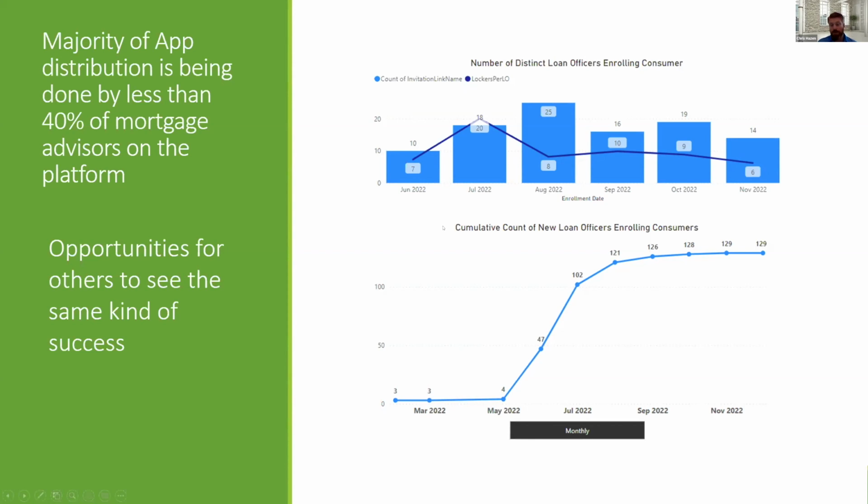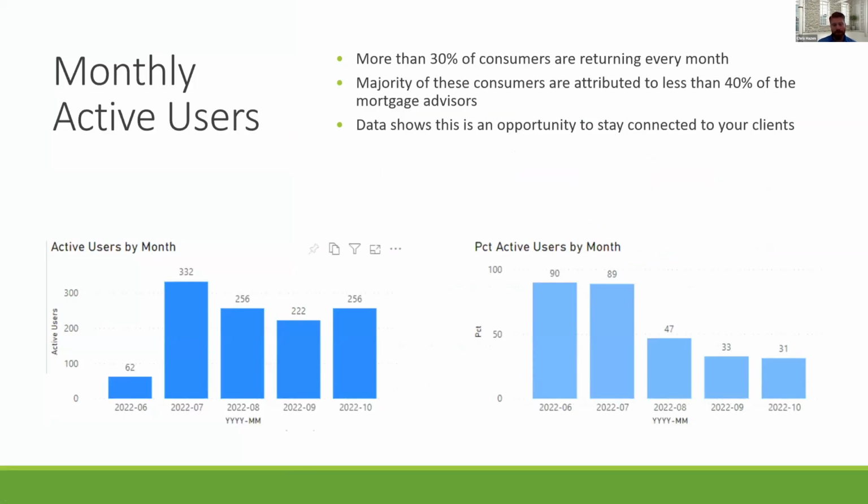For those people though that are issuing those lockers, what we're seeing is active users. So you can see here, we expect everyone signing up in June, July, August, so you're going to see the high numbers. But at a steady state, we're over 30%. For those people who are issuing lockers, 30% of their customers are coming back every single month and engaging within the app. That is, in the tech world, an incredibly high number.